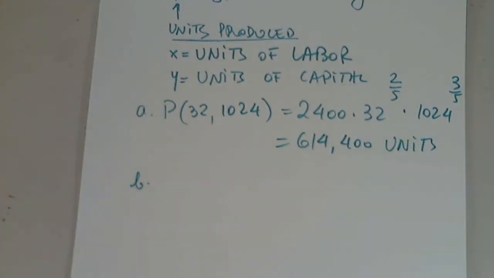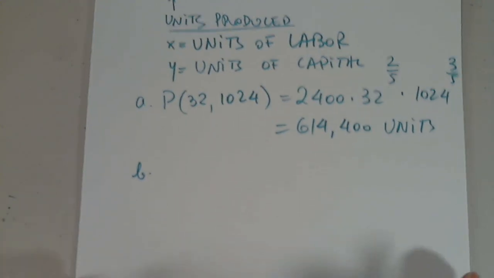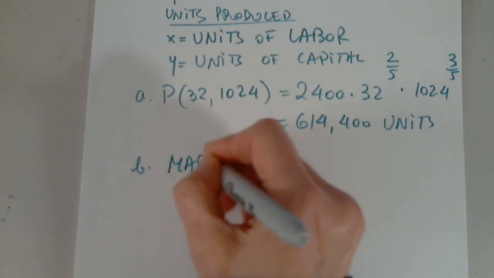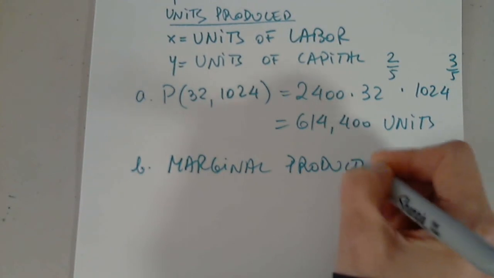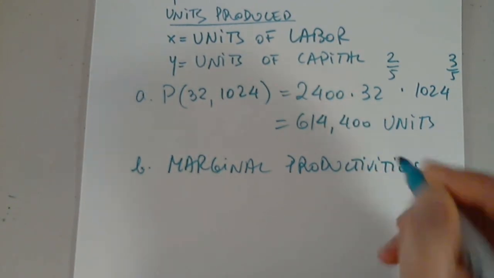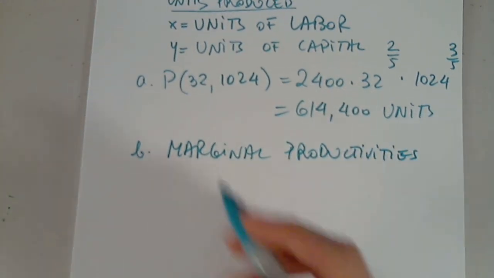Part B. Find the marginal productivities. So marginal productivities, of course they're partial derivatives.